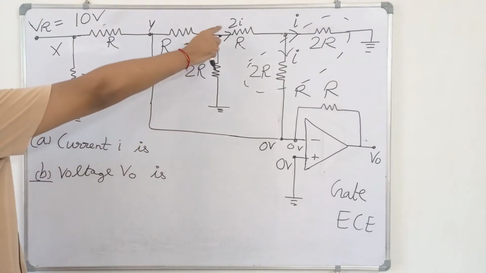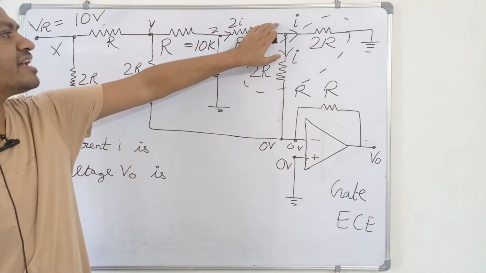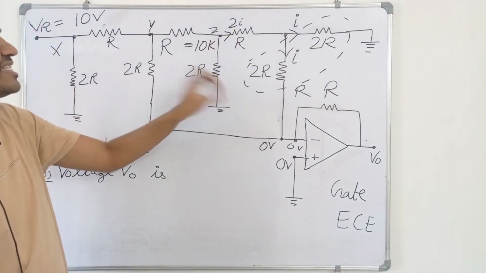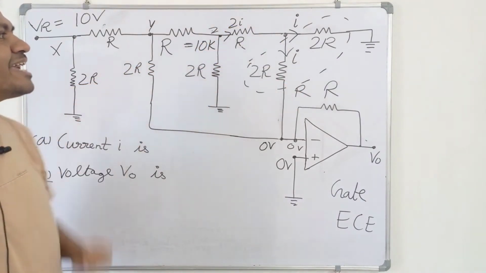If you look at this node Z, on this side the equivalent resistance is 2R from Z to ground, and this resistance is also 2R. So they are at the same potential.